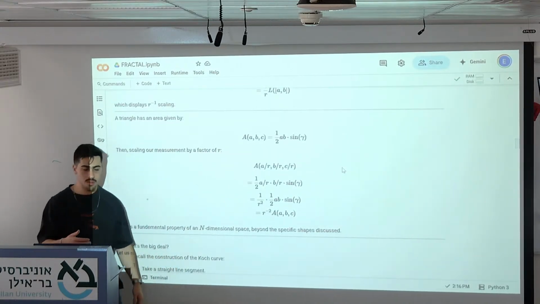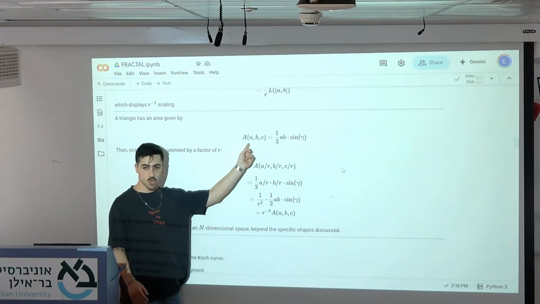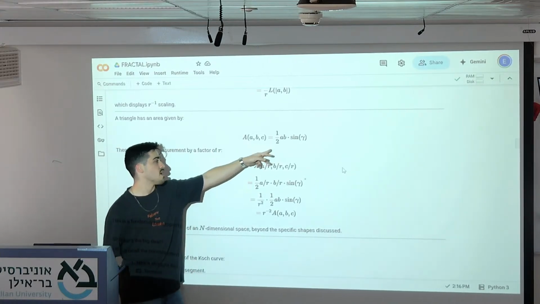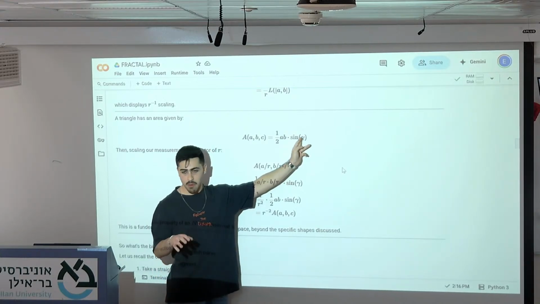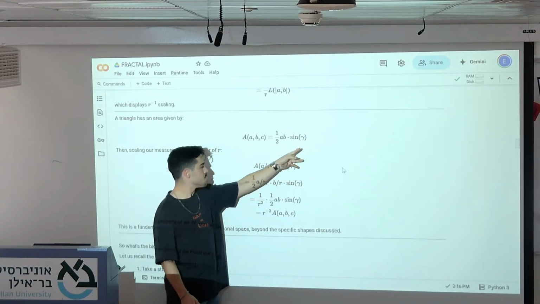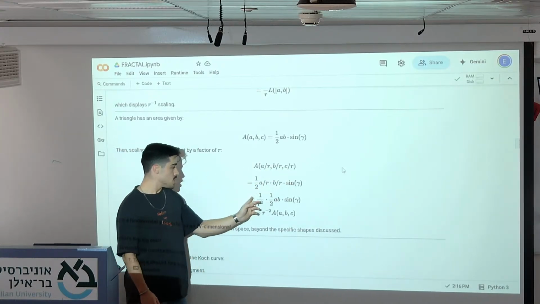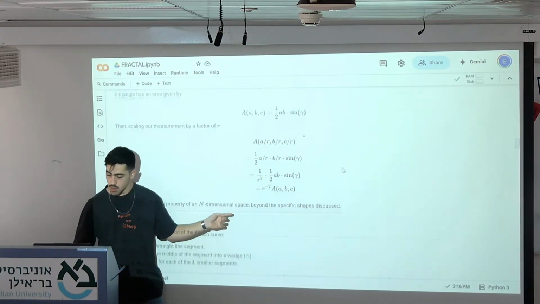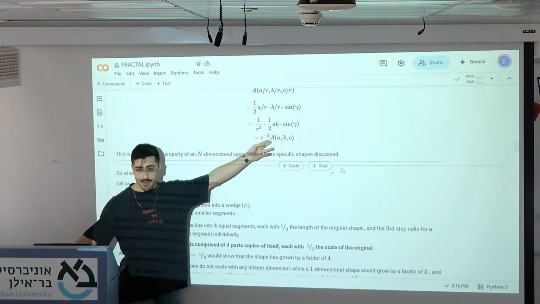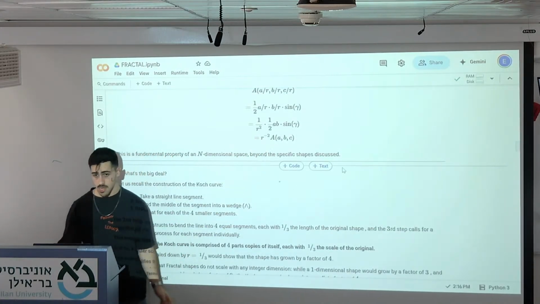Similarly, for a triangle, the area of some triangle according to trigonometry is 1/2 ab times sine of gamma, where gamma is the opposite angle, whatever. If I substitute in a over r, b over r, c over r, you can see that this turns into 1 over r squared times the original area, right? So this is the two-dimensional version.